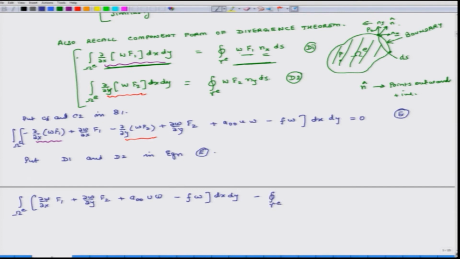Here gamma e represents the boundary of the eth element. Gamma represents boundary and e represents the eth element. So, this equals minus w f1 nx plus w f2 ny ds equals 0.